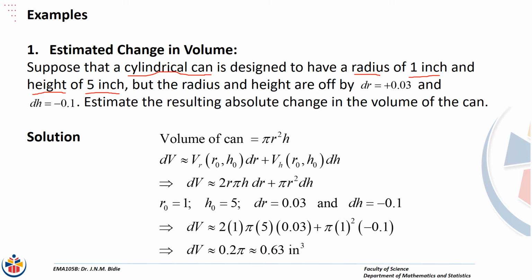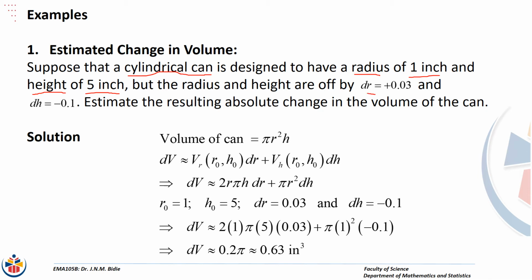Let us say you were designing this can, and then when you bring it in for evaluation, we do the measurements. We discover that you've messed up a bit. So your height and radius have been off.